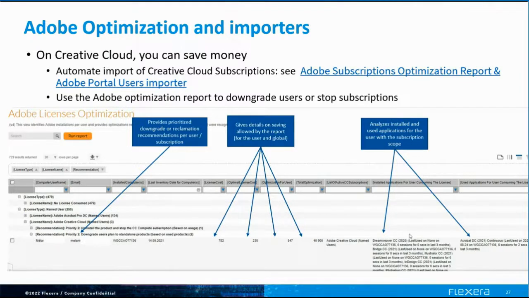If I know that Acrobat plus Illustrator is cheaper than Creative Cloud Complete, which is the case, the report will say you'd better use one or two standalone products rather than the full suite, which has a higher cost. The report will compute some prioritized recommendations and give the financial impact of applying them.